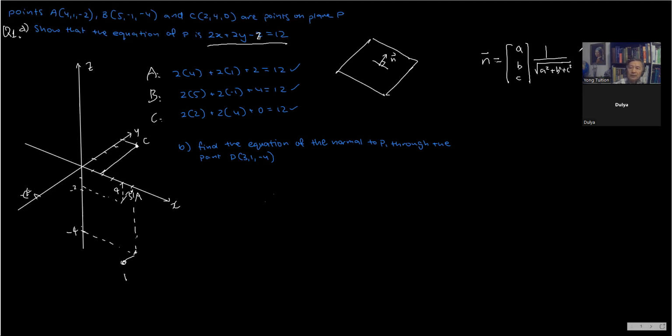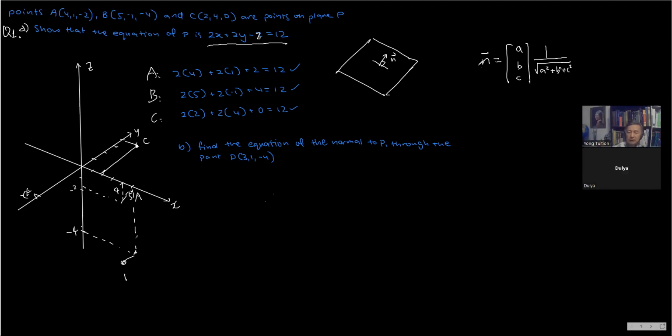Therefore, the length of this is called the unit directional vector of this plane. The unit means that the amplitude is 1, all right?